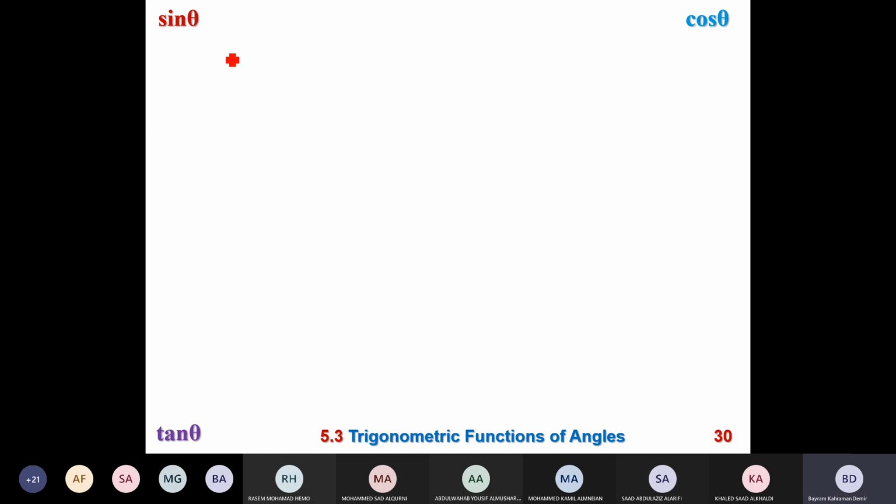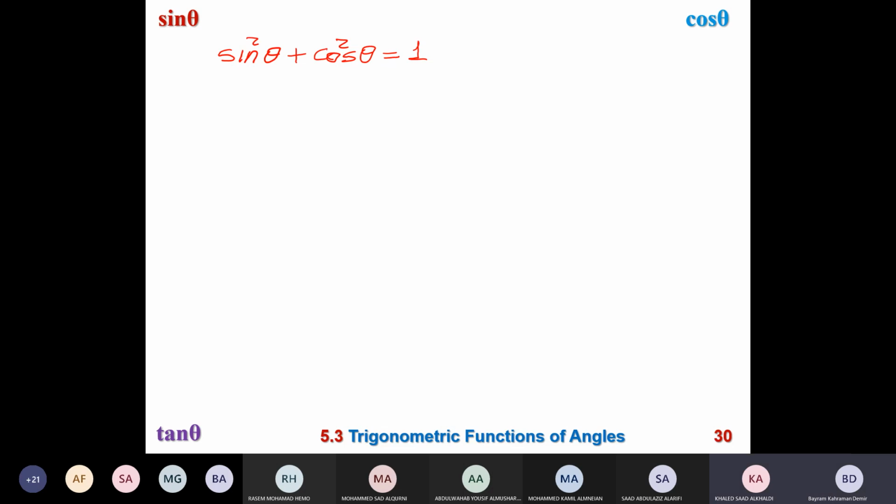So sine square of theta plus cosine square of theta is 1. Why is it like this? Well, let's go back and remember the definition of sine theta. How did we calculate sine of theta?